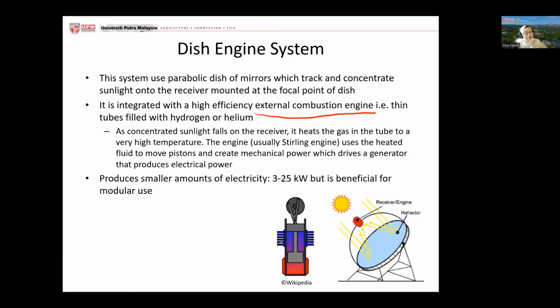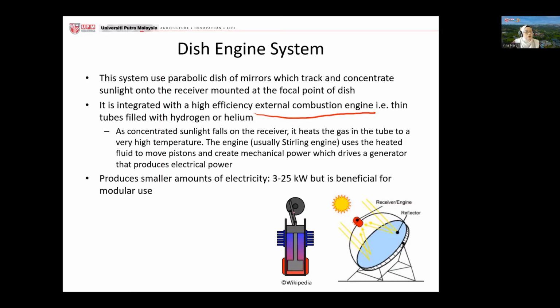That's happening in very, very fast iterations, maybe more than hundreds of thousands in one minute. Now this movement of going up and down creates mechanical power, and this mechanical power drives the generator to produce electricity.